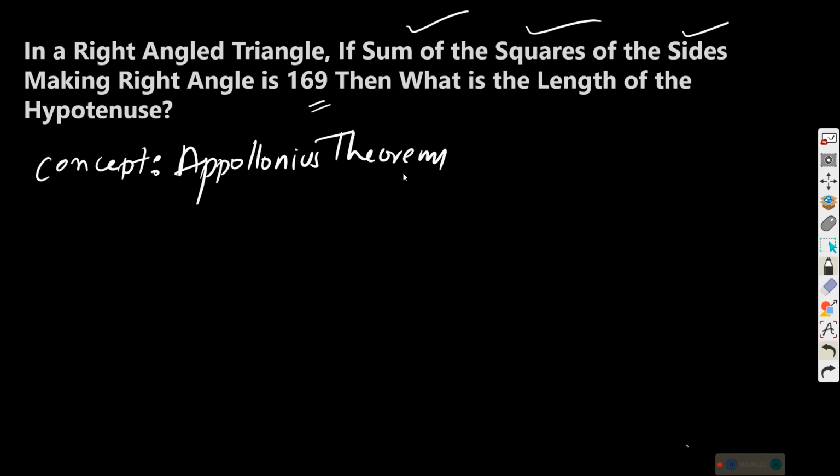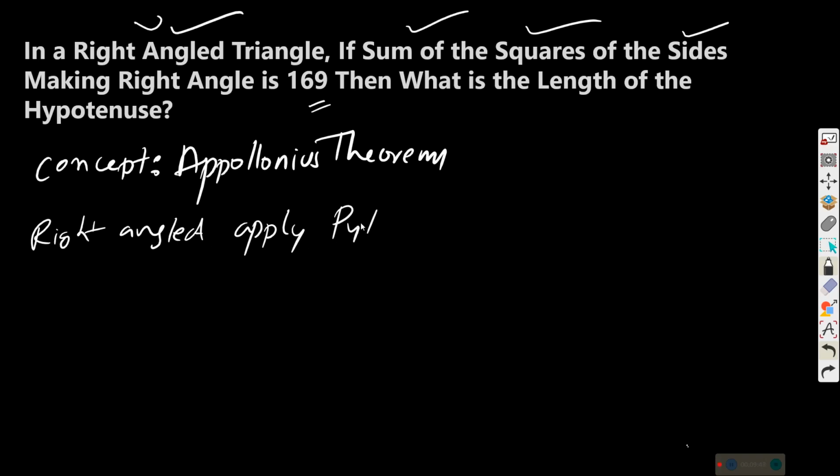Hypotenuse square according to Pythagoras. Right? Simple straight question. Because it's a right angle triangle, the sides are given. So as it is a right angled triangle, we can simply write Pythagoras and solve the problem. Okay, so 169 is nothing but hypotenuse square.